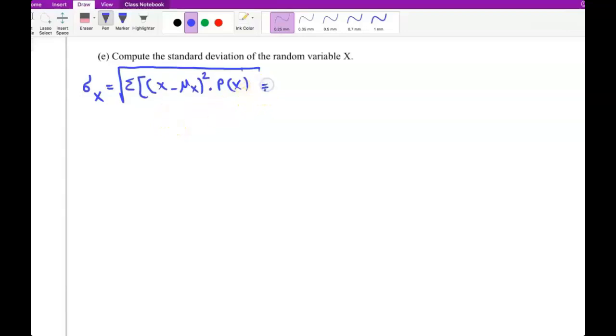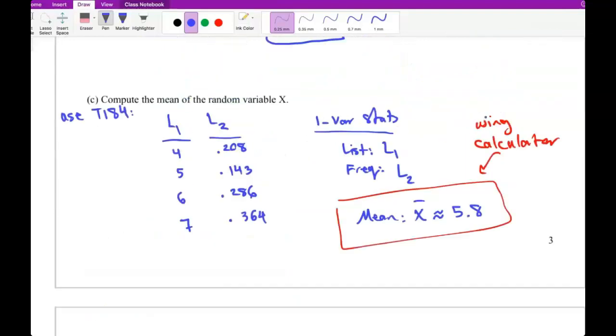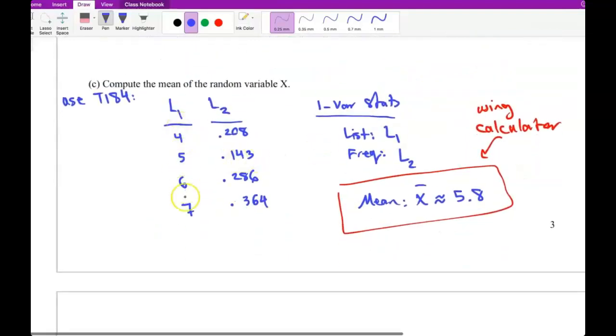Okay, so that is equal to, okay, we need to add, so our x is starting from 4, 5, 6, 7. Here we have all these are for x, and that's for this probability of x.